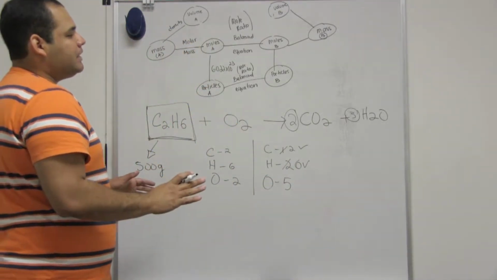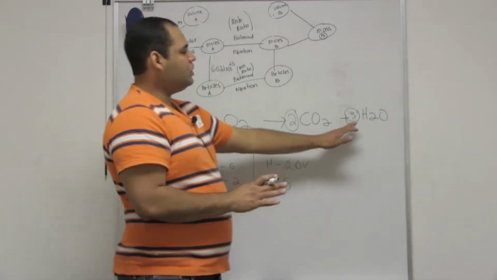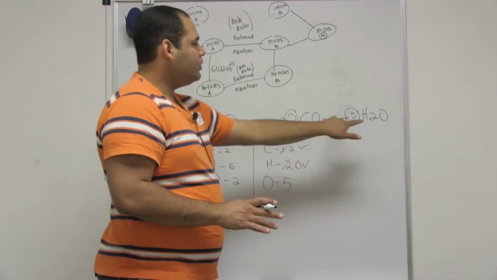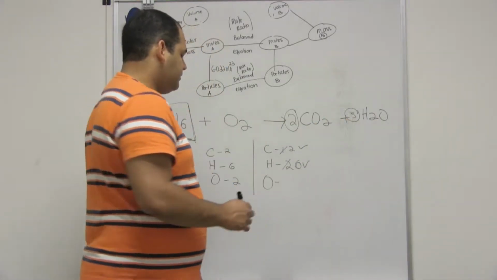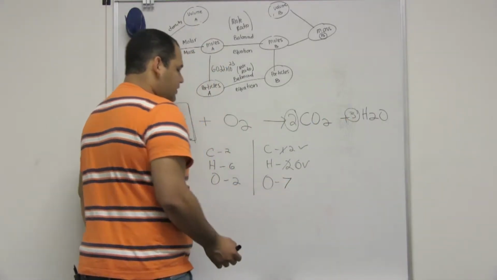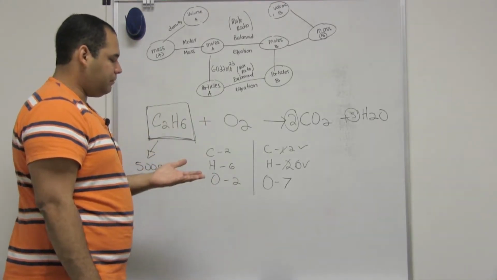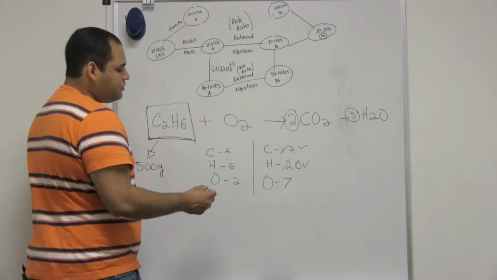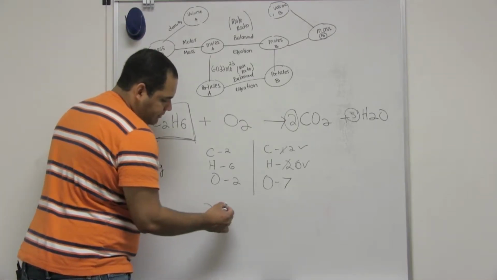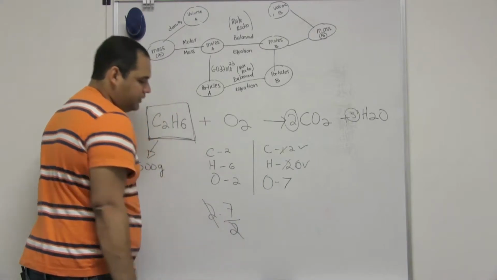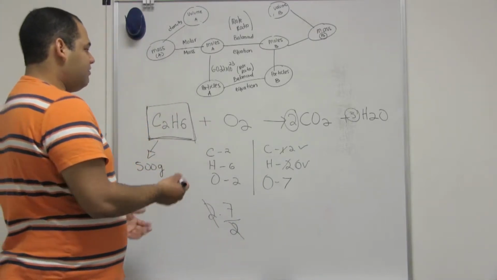The problem is, now that I place a 3 here, I also change the number of oxygens. So I have 4, 2 times 2 plus 3, I have a 7. So now how do I make this a 7? Well, in order to do that, I can do 2 times 7 halves, because 2 and 2 cancel out and I end up with a 7.